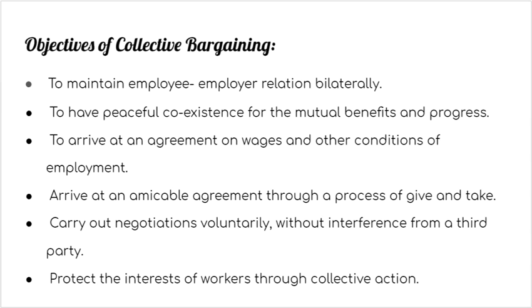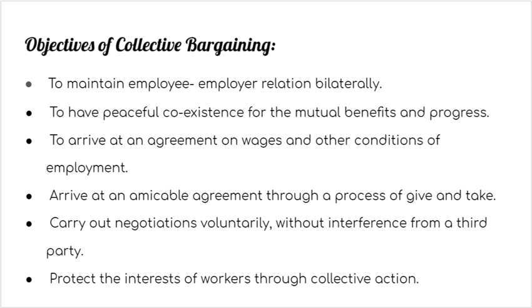Then, objectives of collective bargaining. Its objective is to maintain an employer-employee relation, which is a bilateral relation, and that has to be maintained so that the industry goes on.